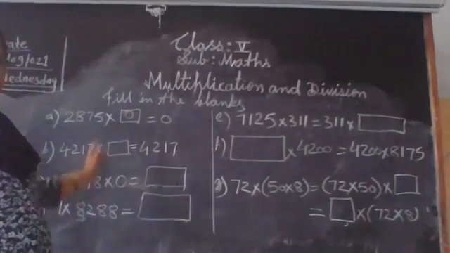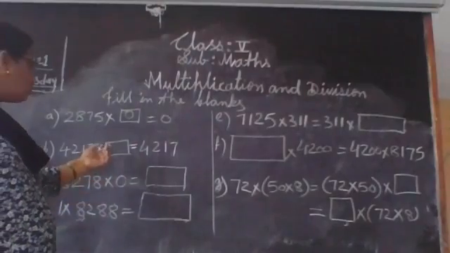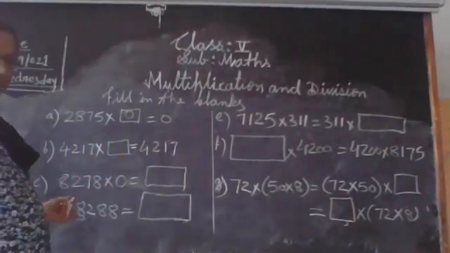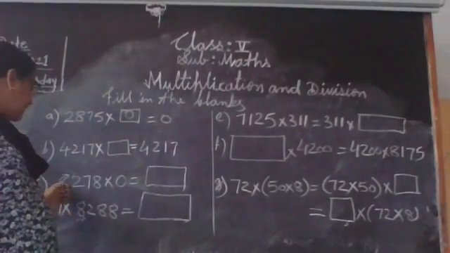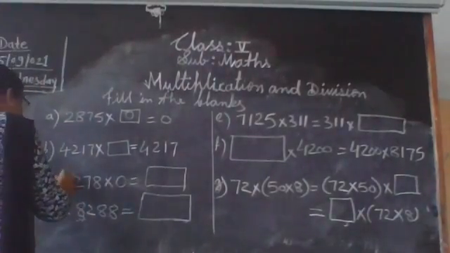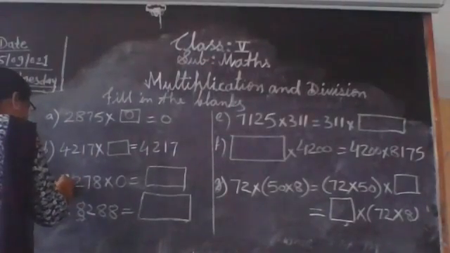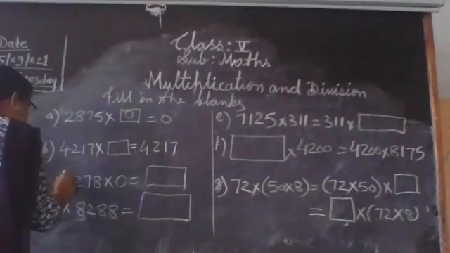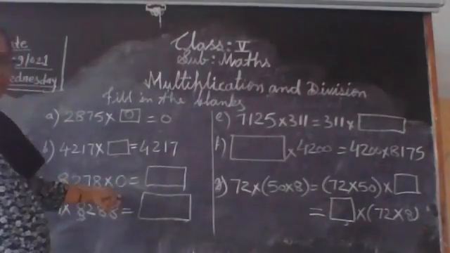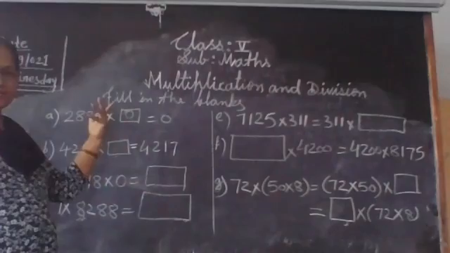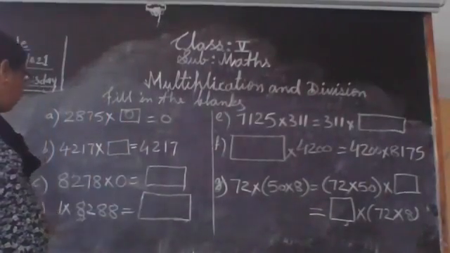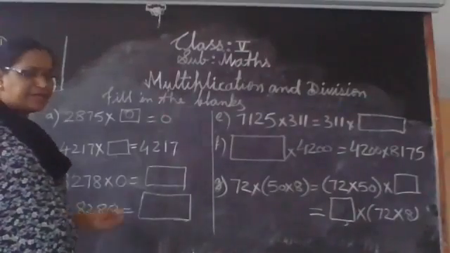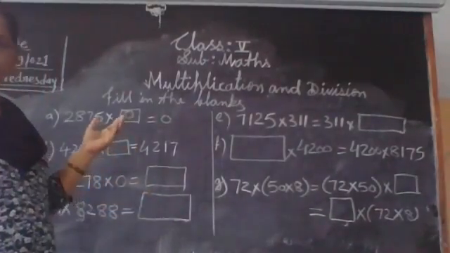So what should be here? Second, 8,278 multiplied by 0. What is the answer? Here, 1 is multiplied by this 8,288. So what should be the product?